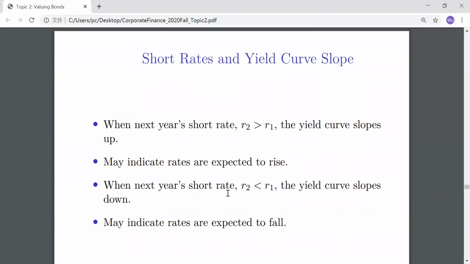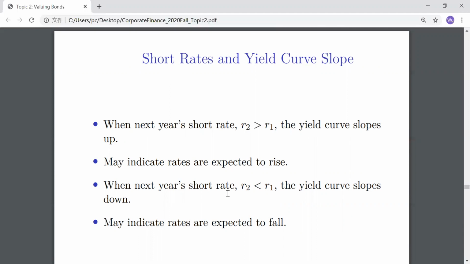Now, again, we can further strengthen our conclusion about the slope of the yield curve. When the next year's short rate R2 is greater than R1, the slope of the yield curve will be higher. And this might indicate that rates are expected to rise. Again, we say it may, so later we're going to explain why this is not necessarily true.